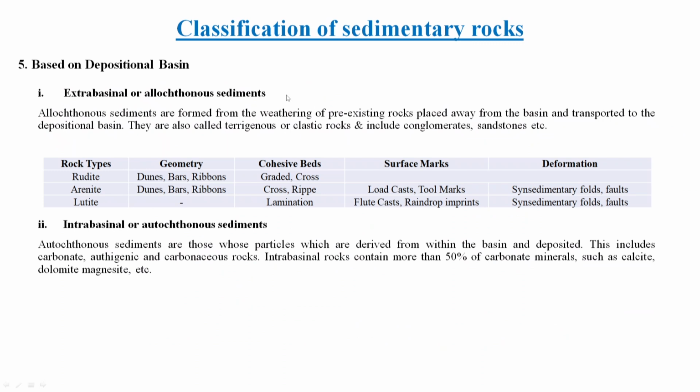Then you also have a classification scheme based on the depositional basin: the extrabasinal or allochthonous sediments. Also you have the other kind, that is intrabasinal or autochthonous sediments. Just from the terminology, it reflects that the allochthonous sediments are formed from the weathering of pre-existing rock placed away from the basin, like we were discussing when we discussed the sorting of a particular sedimentary rock.